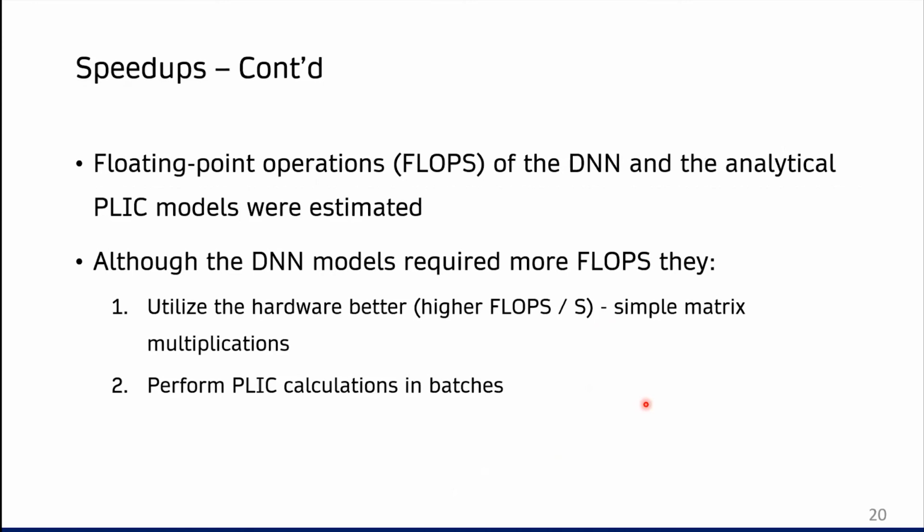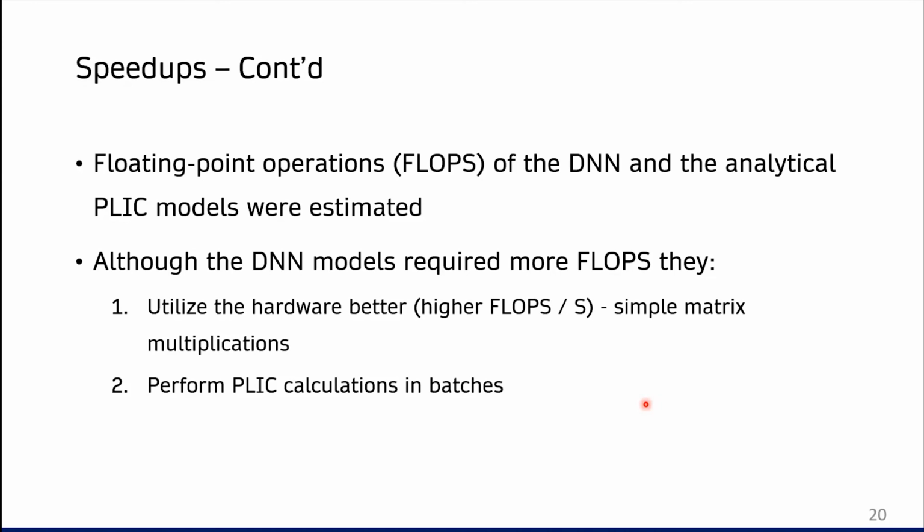although the neural network that we have requires more floating point operations to solve the PELIC, it utilizes the hardware much better. So it operates at a much higher number of floating point operations per second. That's because there are a lot of if statements here and there in the traditional approach, and there is solving the inverse problem of third-degree polynomials.